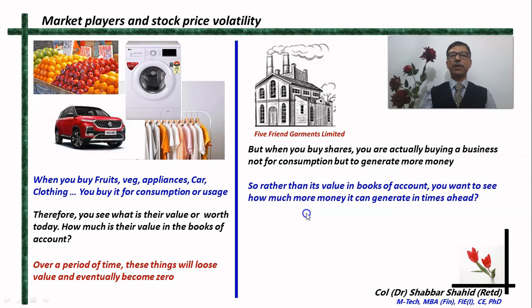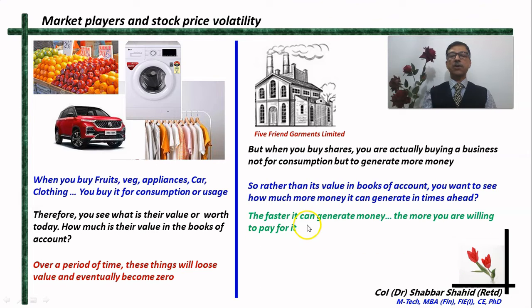Can it become 100? Can it become 200? Can it become 500? So if it can grow and grow fast, then you are willing to pay more than 50, more than its book value. You may pay 70, 80, 90, 100, maybe more than 100, maybe more than 150, depending upon how fast and how much money it can generate.